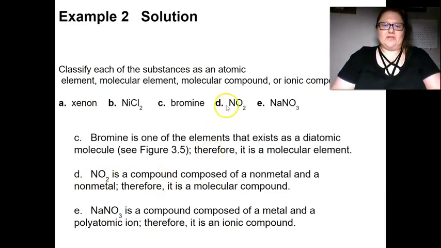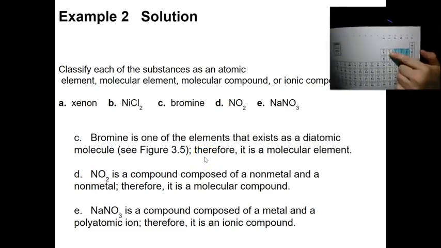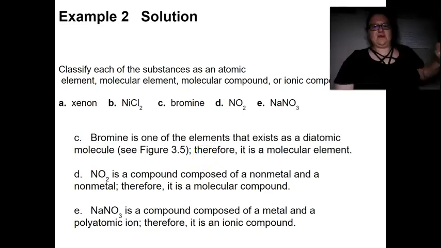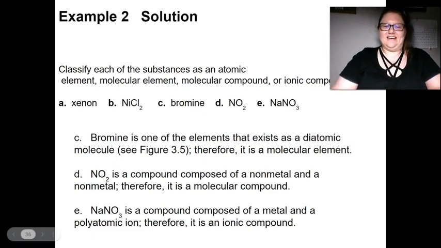NO2, we have 2 nonmetals. Nitrogen and oxygen are both on the same side of the periodic table. So this has to be covalently bonded or a molecular compound. This is tricky. NaNO3, you see the N and the O together, which, yes, those do stick together as a unit, but this is something that we hadn't talked about yet until a little later.